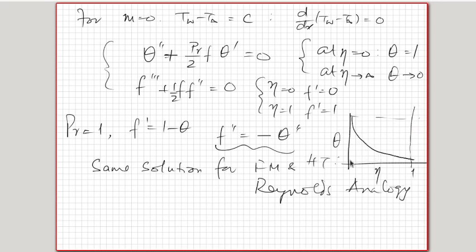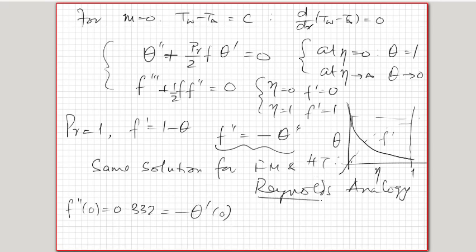So this is your theta profile, which will be basically the opposite of the f prime profile. That's basically what we are saying, and the gradient here and the gradient here will be just the opposite of each other. So this will be f double prime at 0 is 0.332, which will be equal to minus theta prime at 0. Okay, so this is basically what you get from the Reynolds analogy.